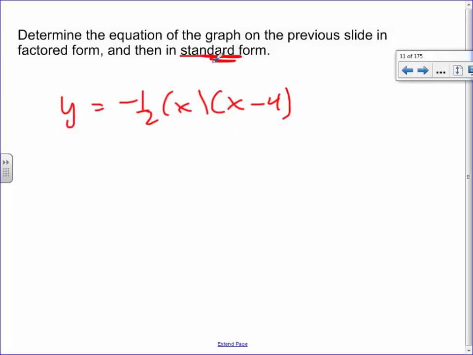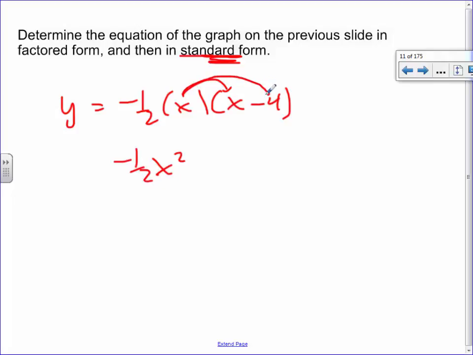But you might also be asked to write something in standard form. Do you remember what standard form means? Foil it out, basically. Right, if something is in standard form, foil it. So I'd go x times x to give you x squared. And see how there's a negative 1/2 in front? Well, then make it negative 1/2 x squared.